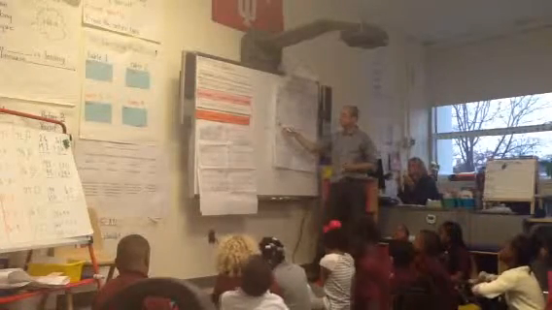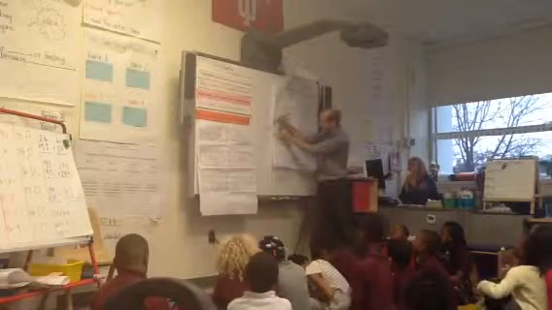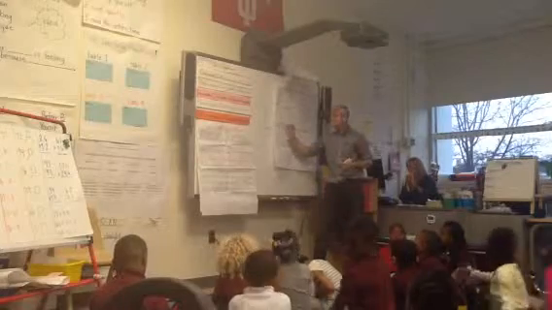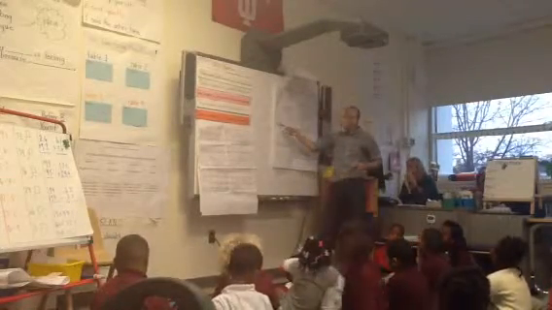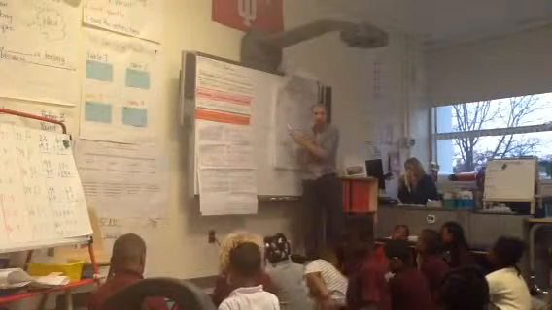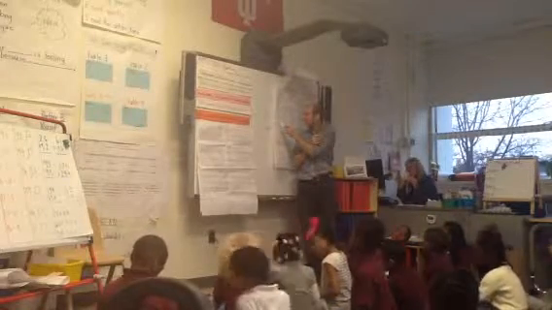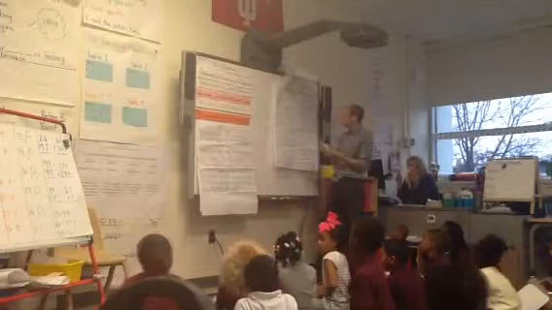So I'm going to cross out, there's only one 10 here, so I'm going to cross that out. And then I'm going to cross out two 1s. 1, 2. And my remainder is the difference between 19 and 12. So count along with me as I count them. 1, 2, 3, 4, 5, 6, 7.